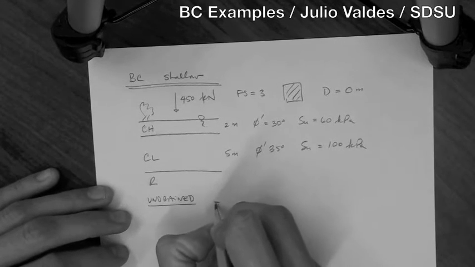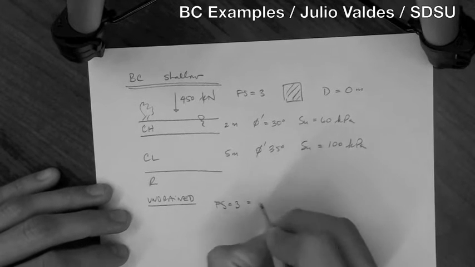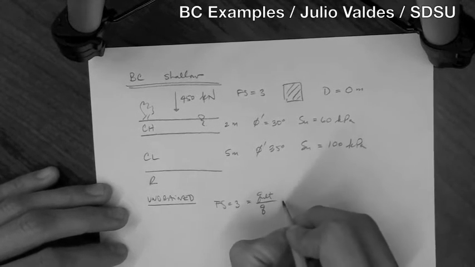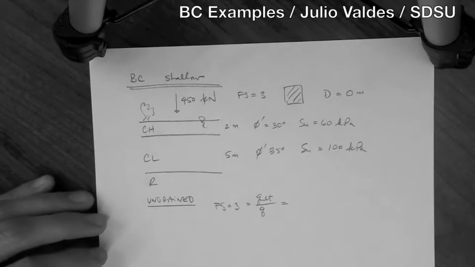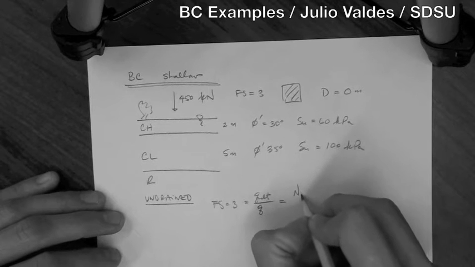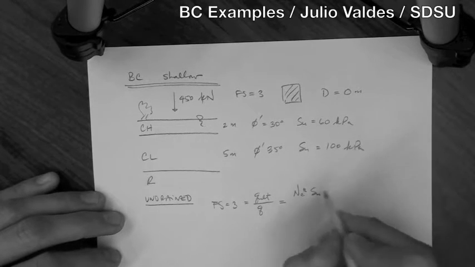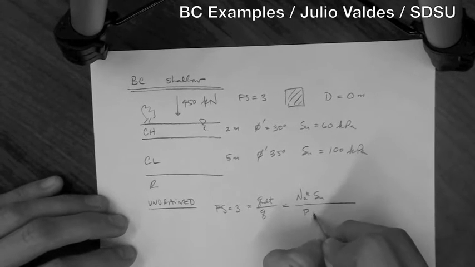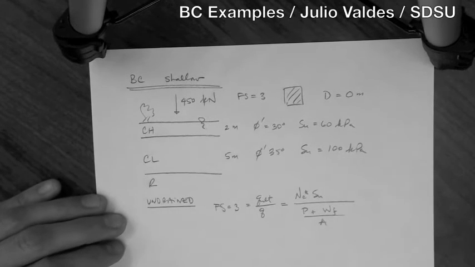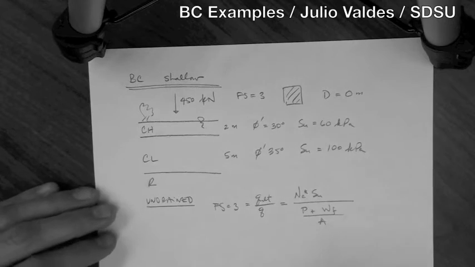So we set the factor of safety equal to 3, and that's equal to Q ultimate over Q, right? Which is equal to NC star SU over load plus the weight of the foundation divided by the area, right?